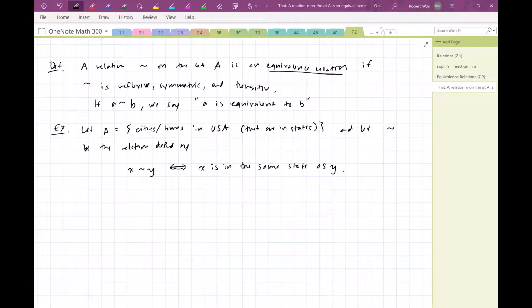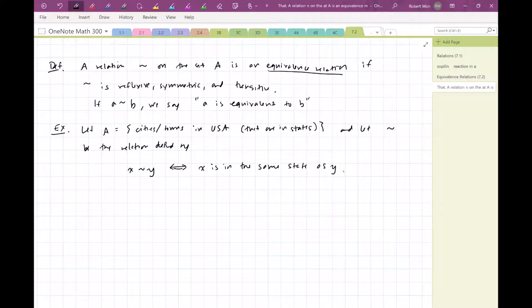The relationship is, do they share the same state? And we can ask, is this relation, it's definitely a relation. It'll give us some subset of the Cartesian product. It'll give us all the pairs of elements where both the first and the second coordinate are in the same state. We can ask, is this reflexive? Is it symmetric? Is it transitive?